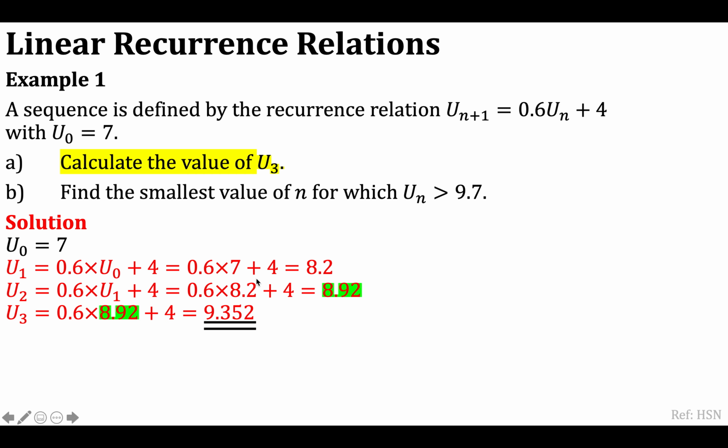Find the smallest value of n for which u_n is greater than 9.7. For that, I'm going to need to continue this.